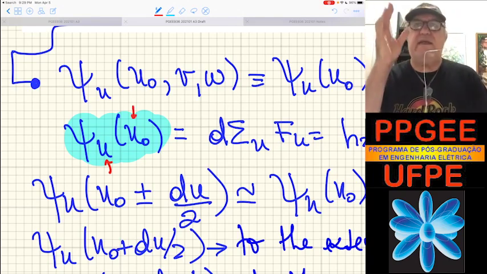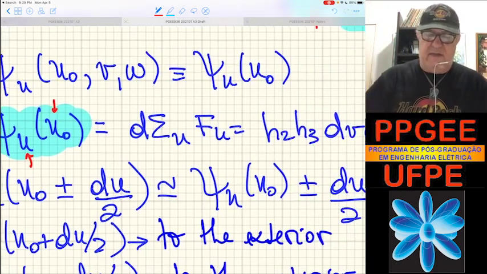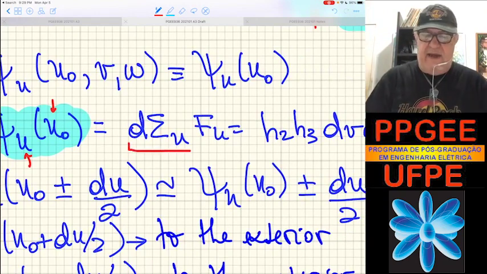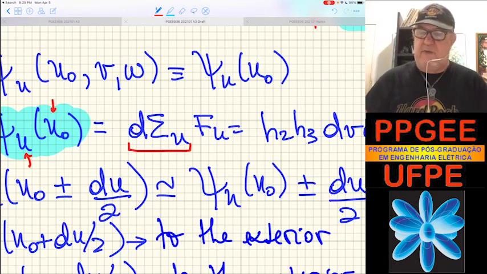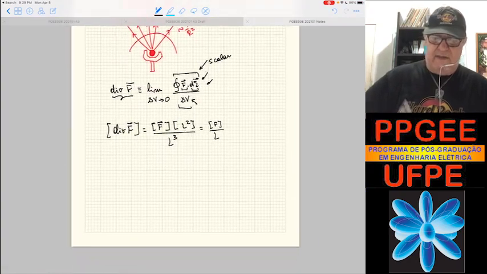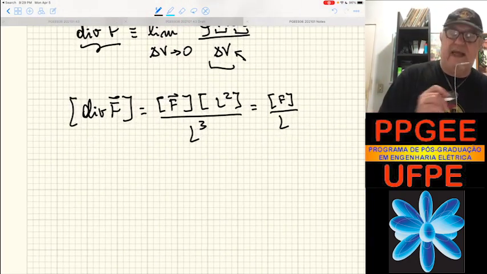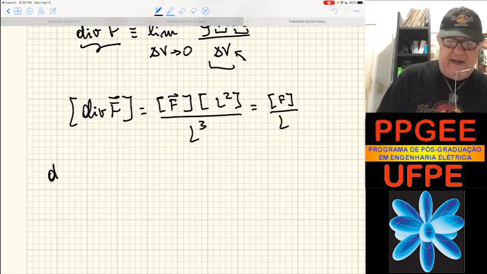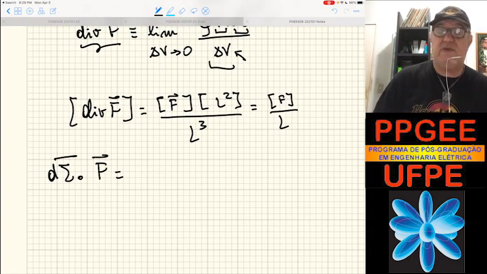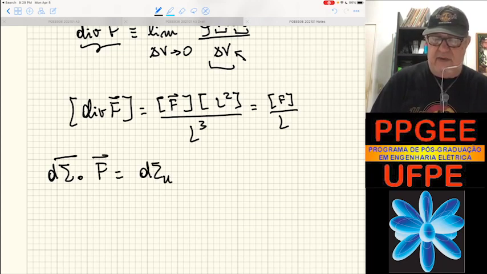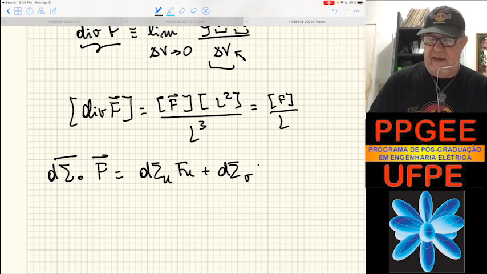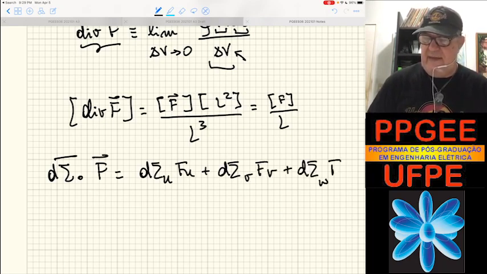U0 is on the central surface. It's going to be the area element, which is the dot product, right? You see that, let me just do that. The d sigma dot F equals the d sigma u Fu plus the d sigma v Fv plus the d sigma w Fw.